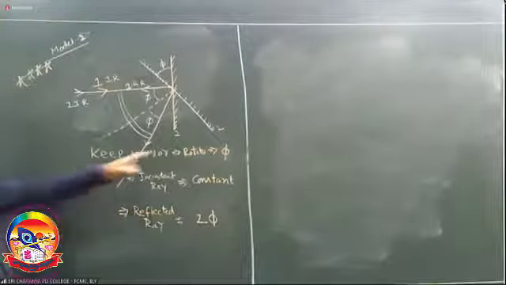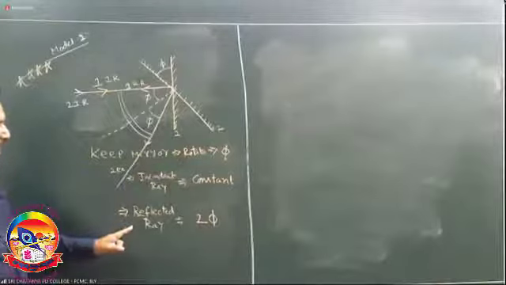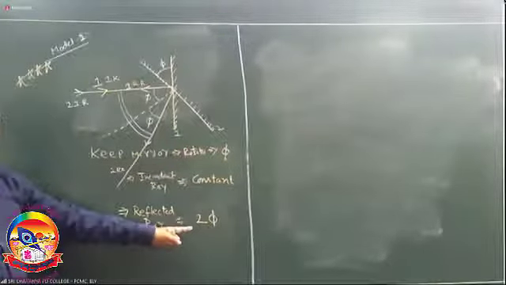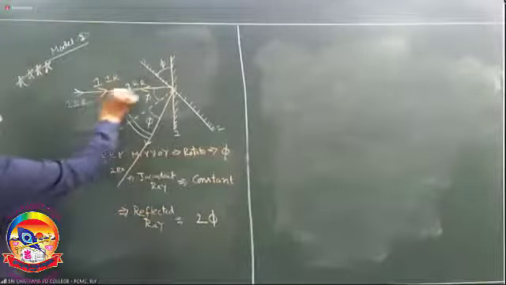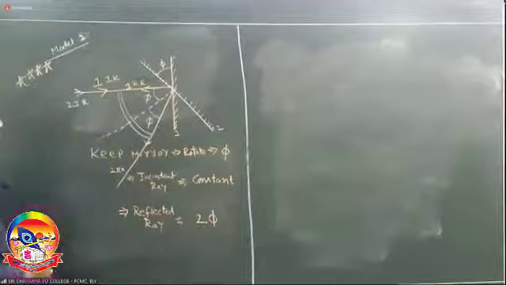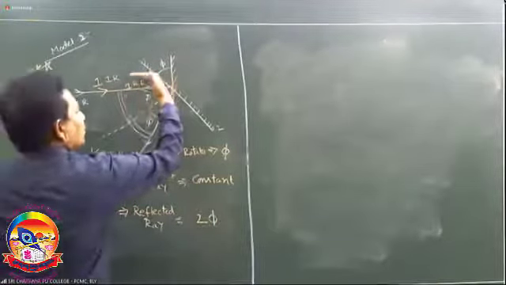If the mirror rotates by phi, then the reflected ray rotates by 2 phi. In this case, the incident ray is kept constant. Only the mirror is rotated.